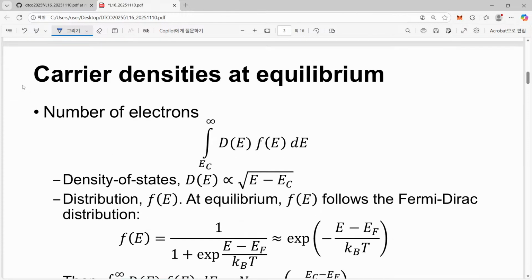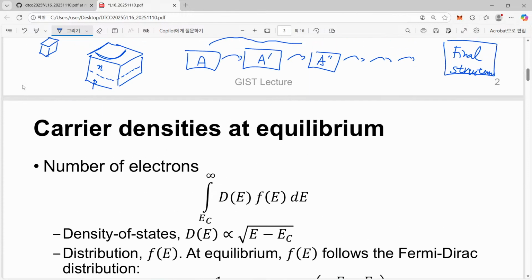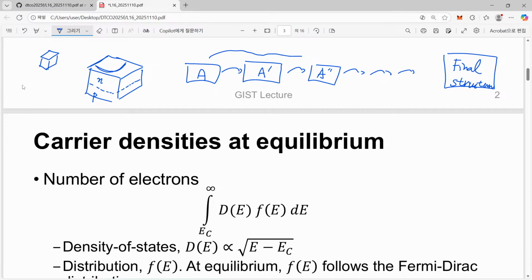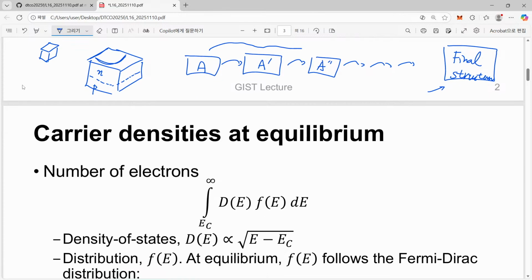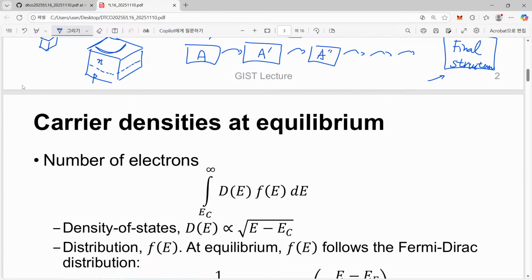So anyway, I will assume that you have already generated your device of interest as the final structure. Starting from that one, today we will calculate two different things: what is the equilibrium state of this final structure, and what are the IV characteristics of that structure.